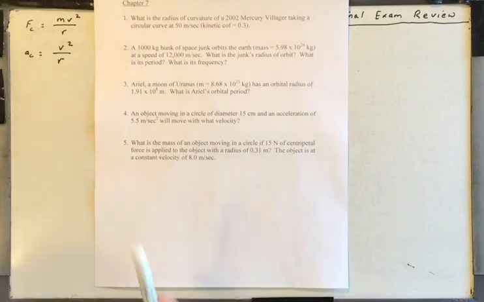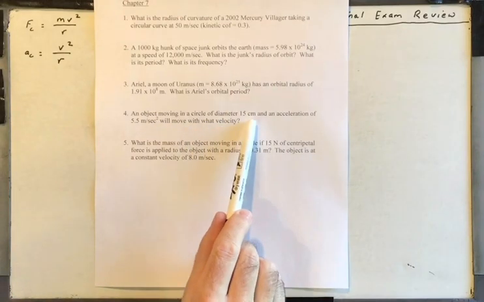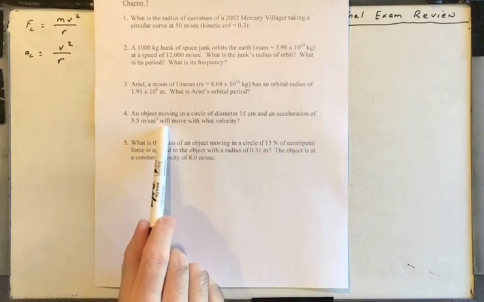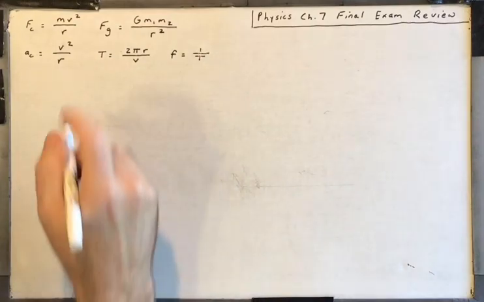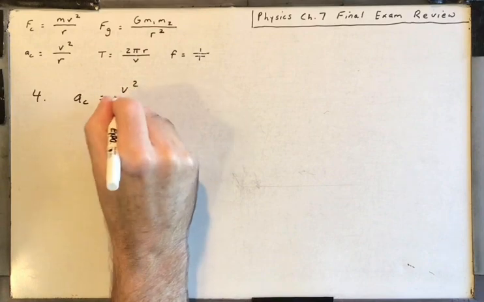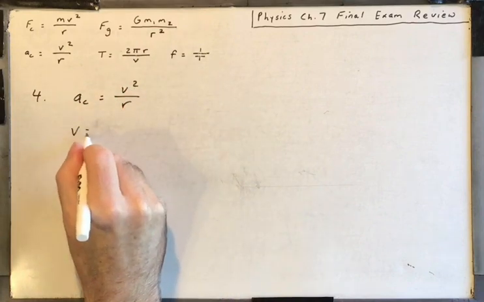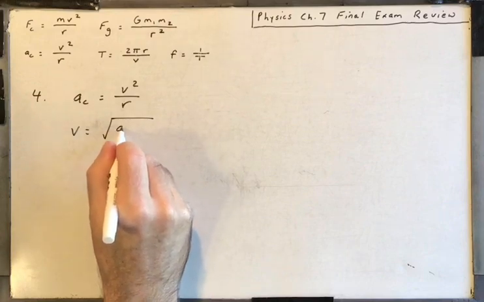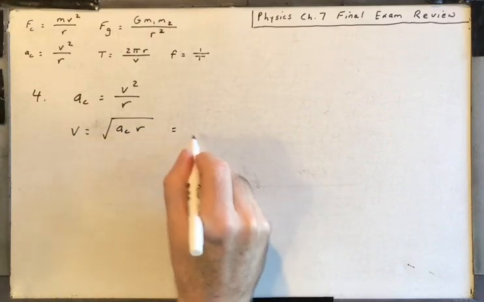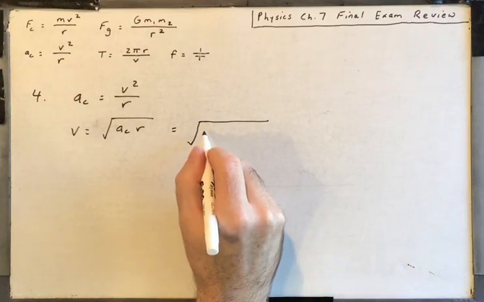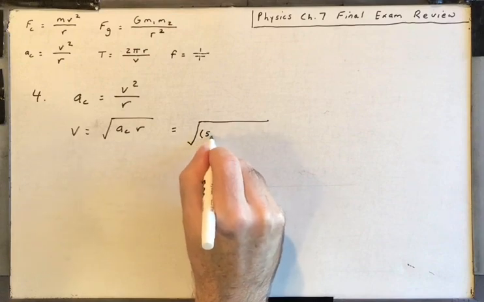Number 4 says an object moving in a circle of diameter 15 centimeters has an acceleration of 5.5 meters per second squared. Will move with what velocity? All right, so we're just going to use this centripetal acceleration formula. We need to solve for velocity, so that'd be the square root of a sub c times r. They gave us the diameter in centimeters, so we have to be careful. A sub c is 5.5.